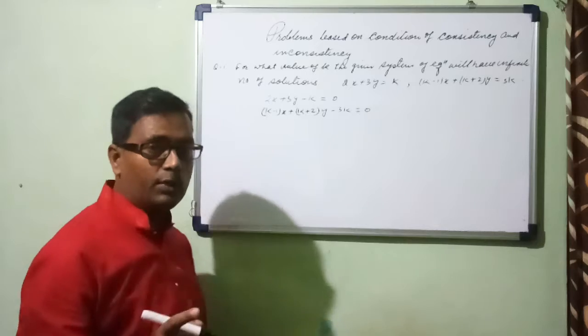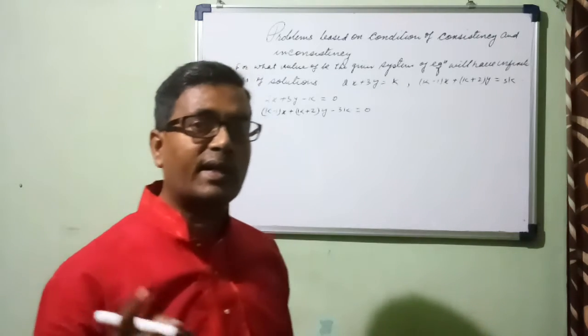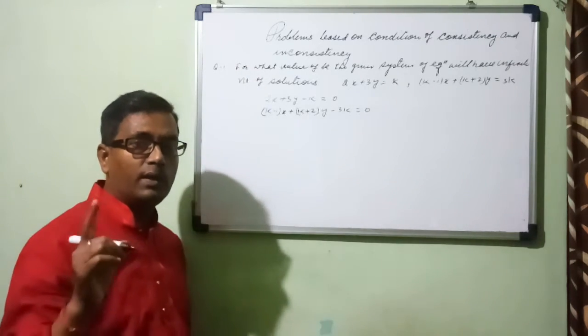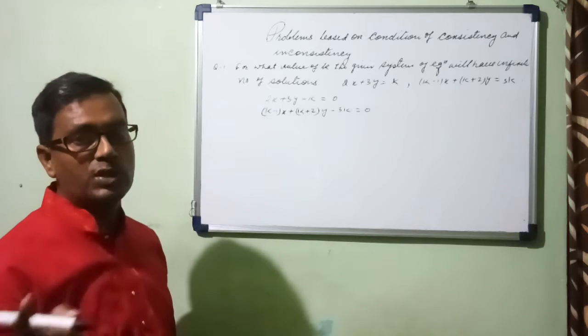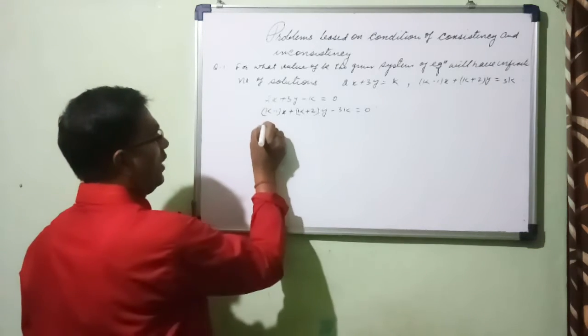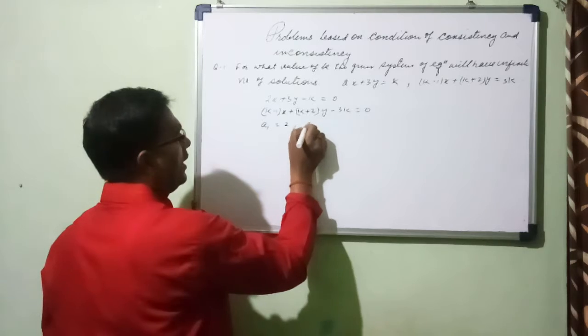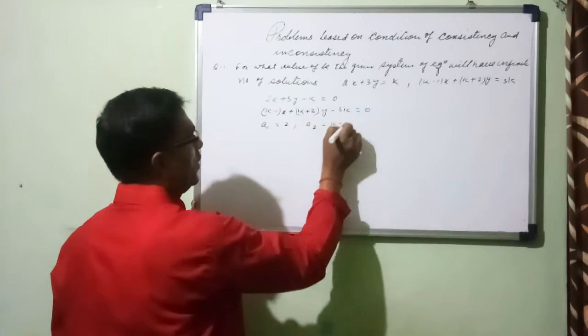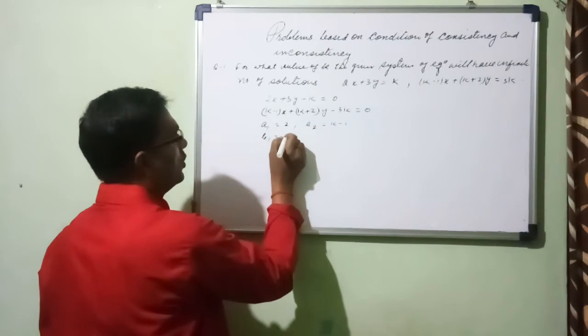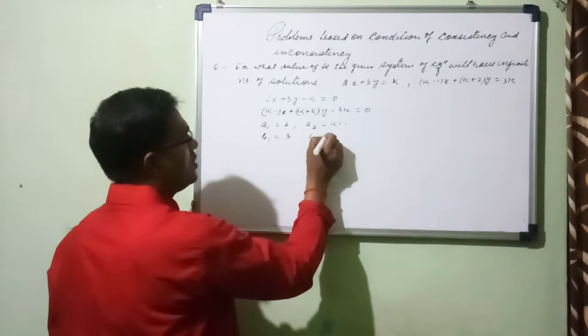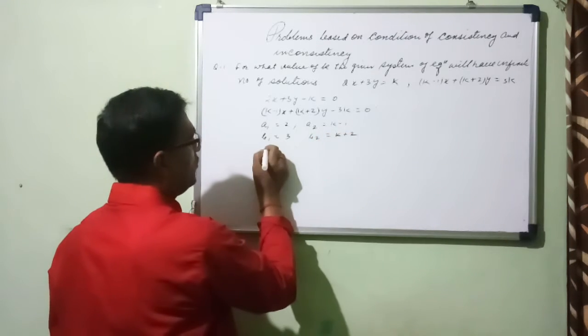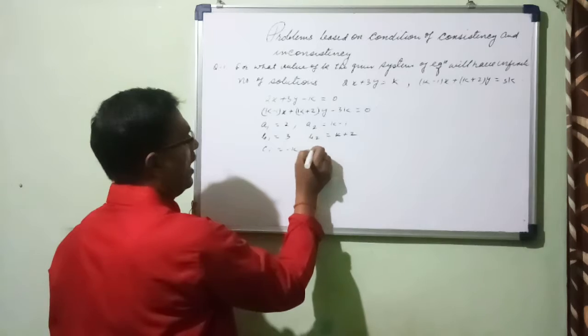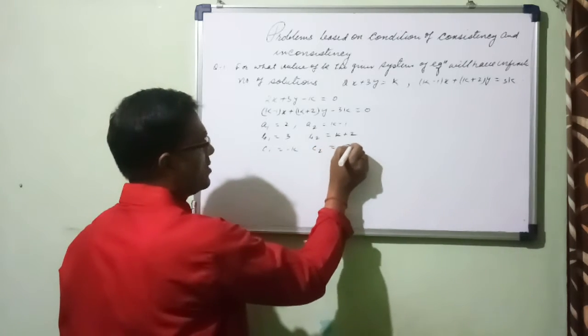After putting into the standard form, we can easily recognize A1, A2, B1, B2, C1, C2. Now, A1 is 2, A2 is k minus 1, B1 is 3 and B2 is k plus 2, C1 is minus k and C2 is minus 3k.